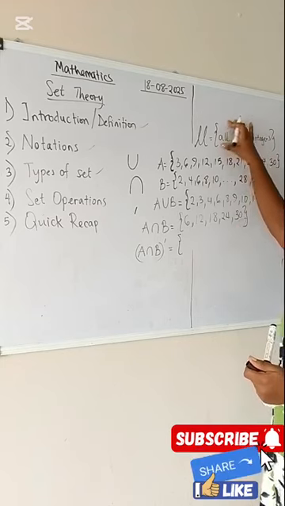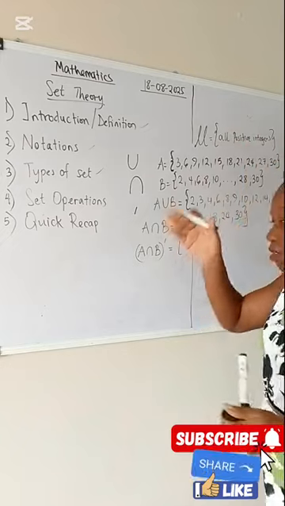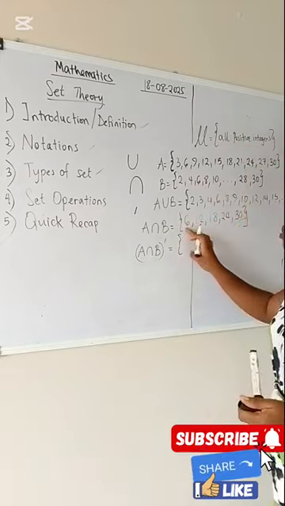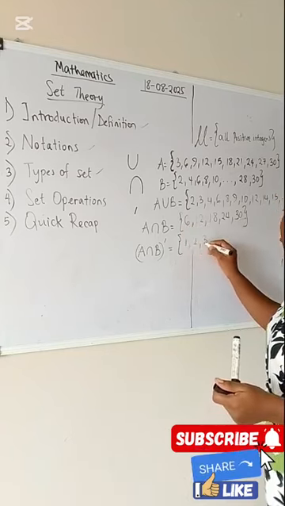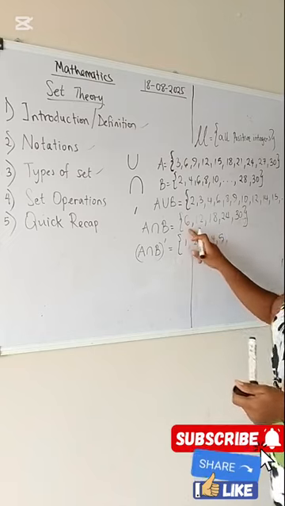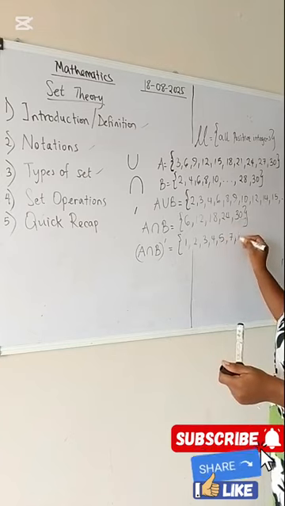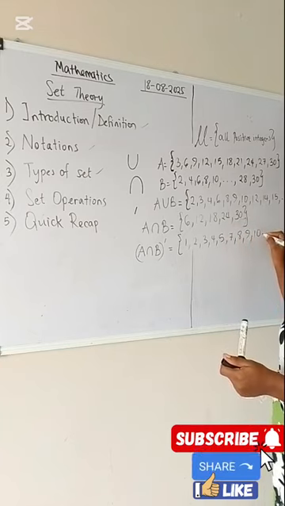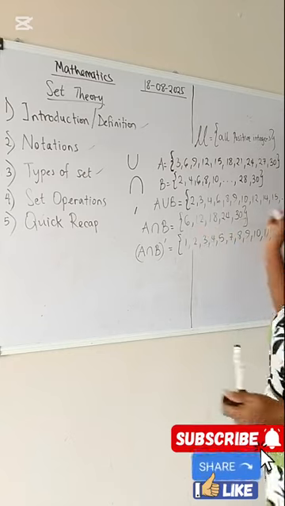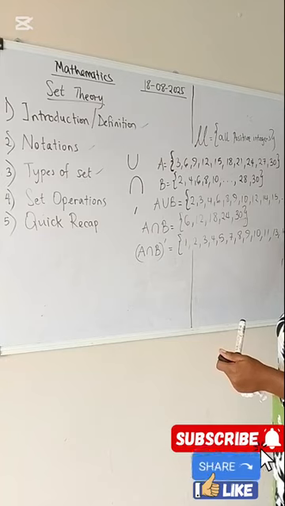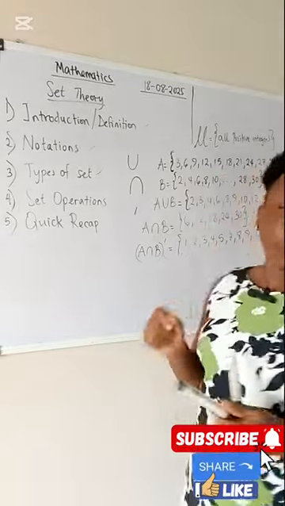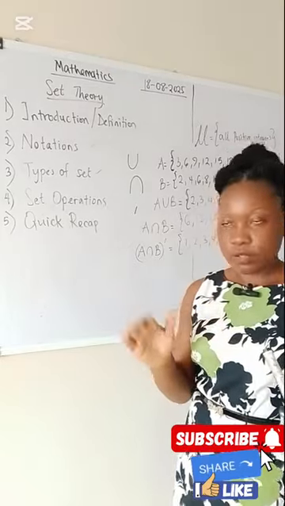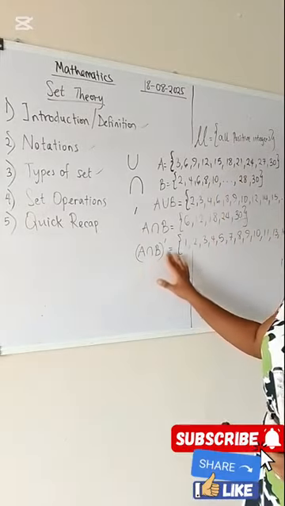So if all your positive integers begin from 1, 2, 3, 4, 5, 6, 7, 8, and so on, you're going to exclude all of this so that you have 1, 2, 3, 4, 5, exclude 6, 7, 8, 9, 10, 11, exclude 12, 13, 14, 15, and so on and so on, because we can't exhaust. Remember, the set of all positive integers is infinite. We cannot exhaust all of them. So this is what A intersection B prime means.